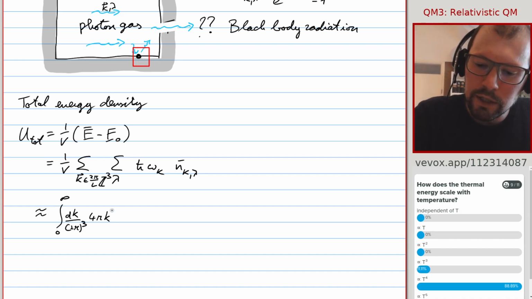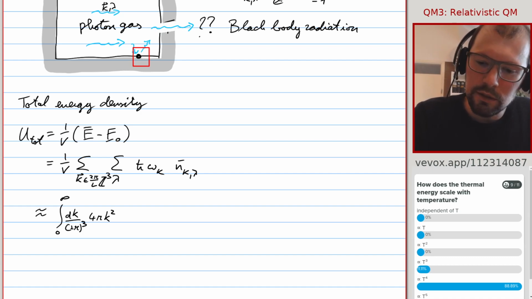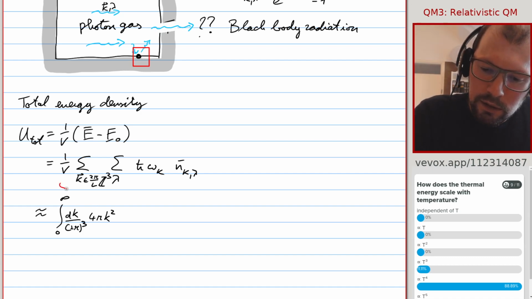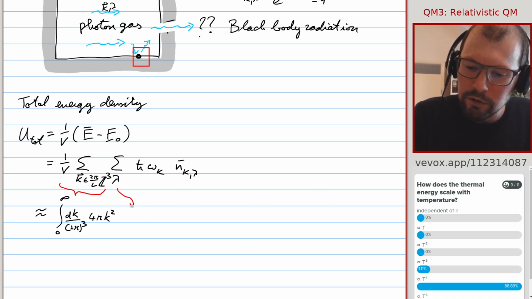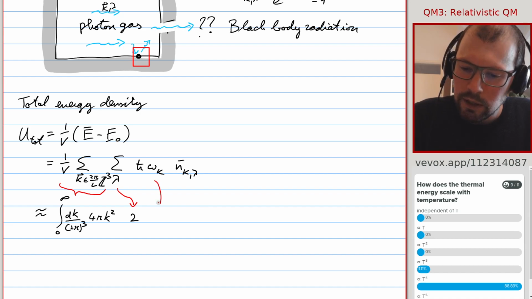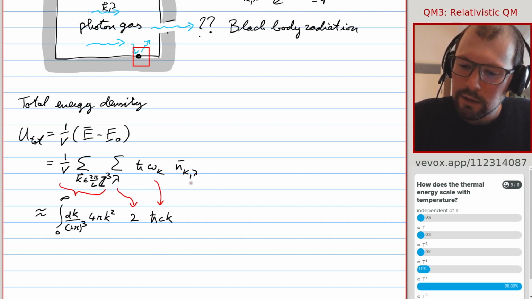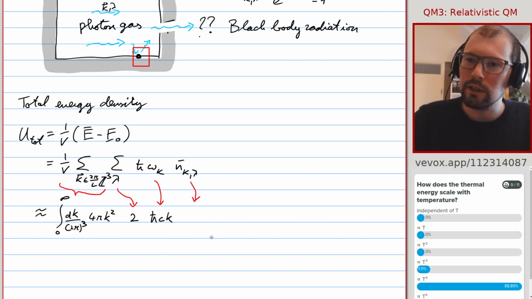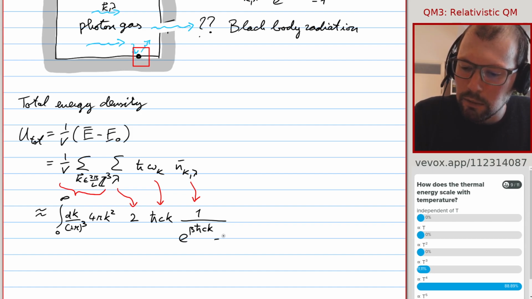It's 4 pi k squared. This is the first part. Then the sum over lambda is just going to give you a factor of 2. And here we have h bar ck, and the Bose-Einstein statistics gives us e to the beta h bar ck minus 1.